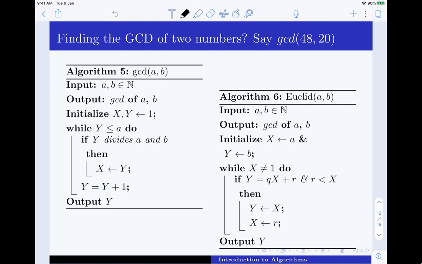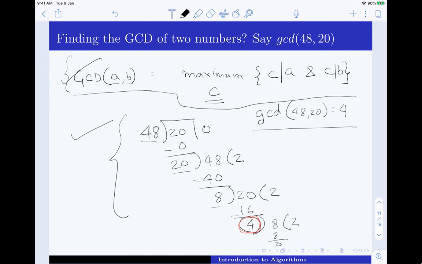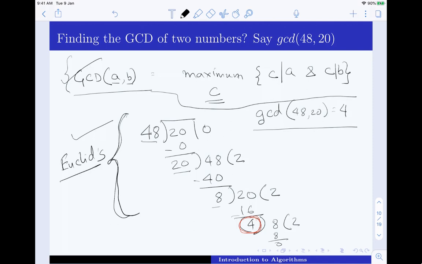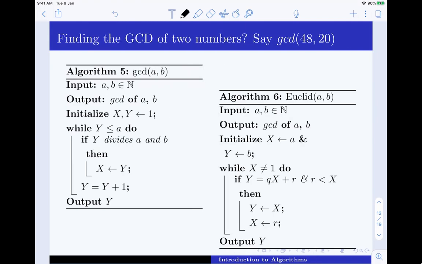And similarly here on the right hand side, I have written the pseudocode for the algorithm for finding the GCD in this slightly complicated way. Maybe I have not told you that this particular technique that we all know is called Euclid's algorithm, and this is what is presented over here.